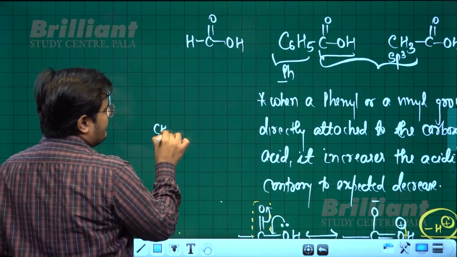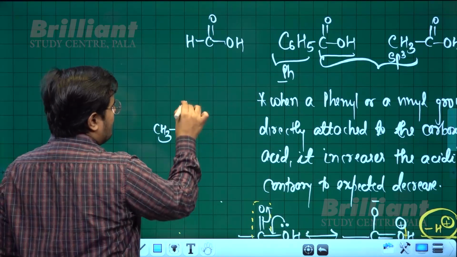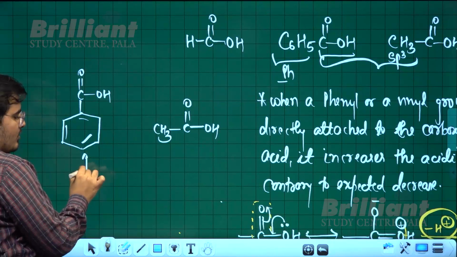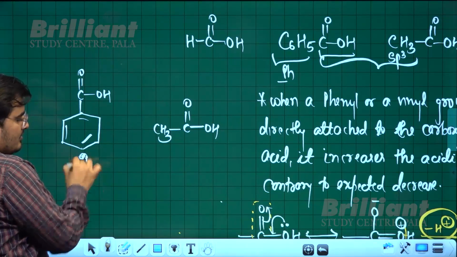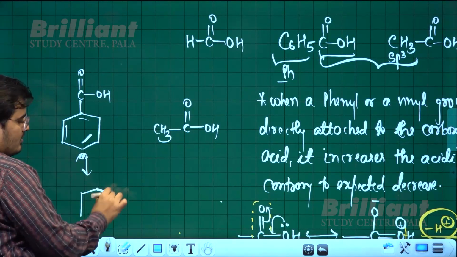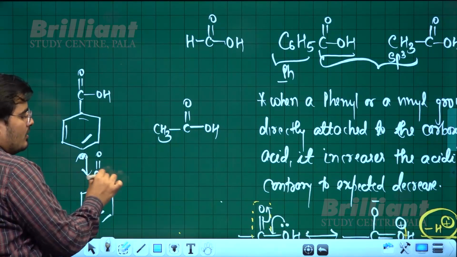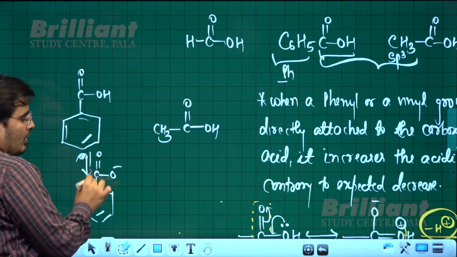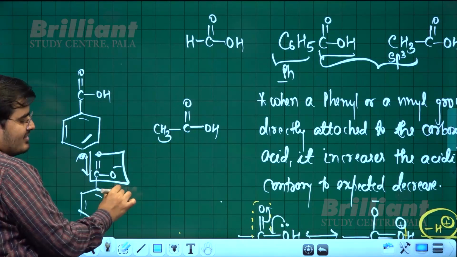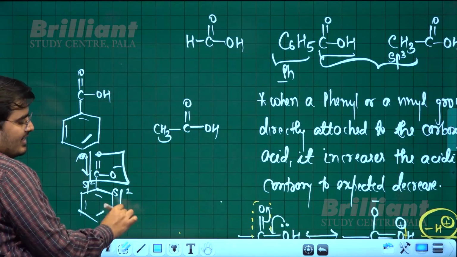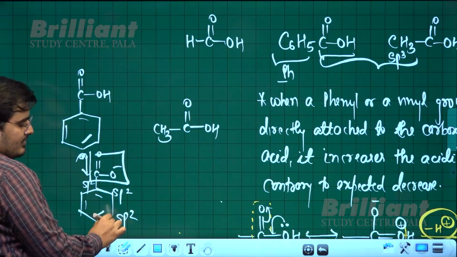So once I write its conjugate base, C=O⁻, this conjugate base is going to be stabilized by the presence of this more electronegative sp2 carbon.